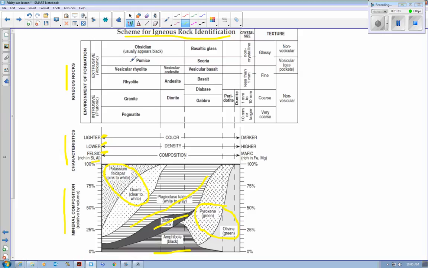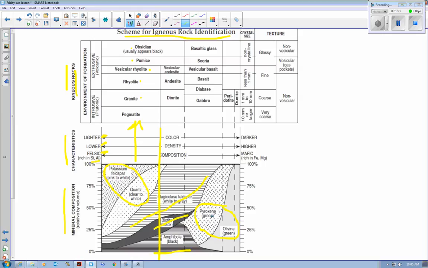So further up from that are igneous rocks that form from these minerals. If we look at this divider line that comes right down the middle, anything that's directly above these two minerals are going to be felsic rocks. So pegmatite, granite, rhyolite, vesicular rhyolite, and even pumice and obsidian are felsic igneous rocks.